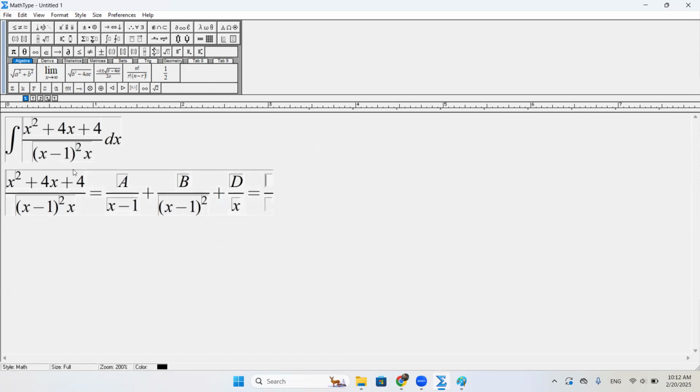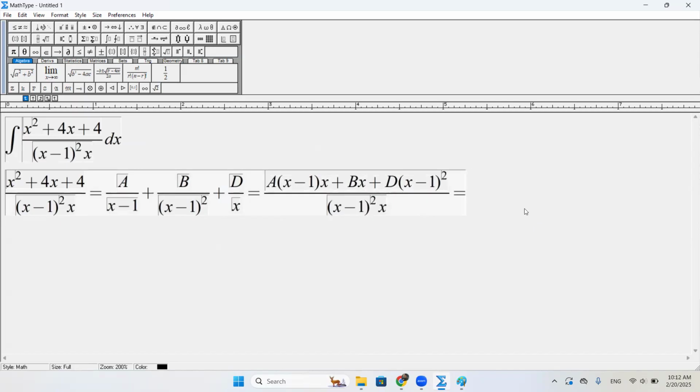Again, writing down the common denominator: a by x minus 1 times x, plus b by x, plus d multiplied by x minus 1 in power of 2.